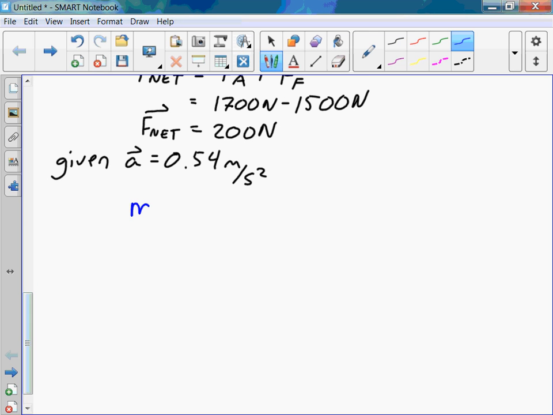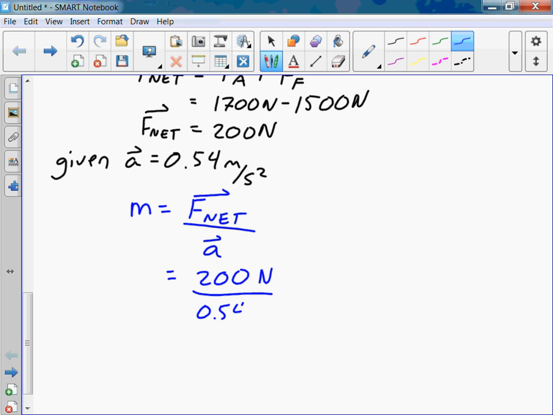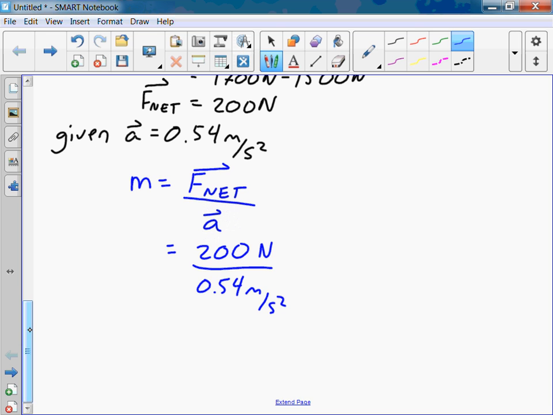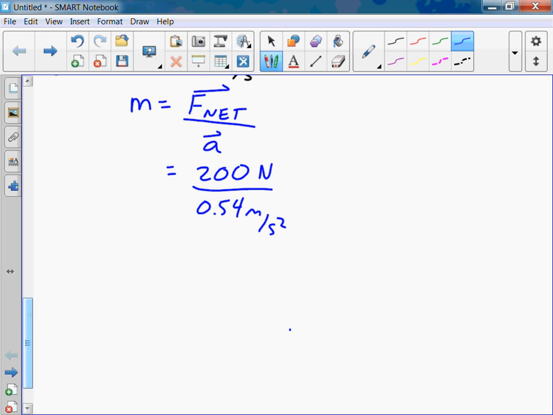Alright, so we can use Newton's second law. So what do we get there? 200. Oh, we'll probably get more than 285 because that includes the skier. So the total mass is.